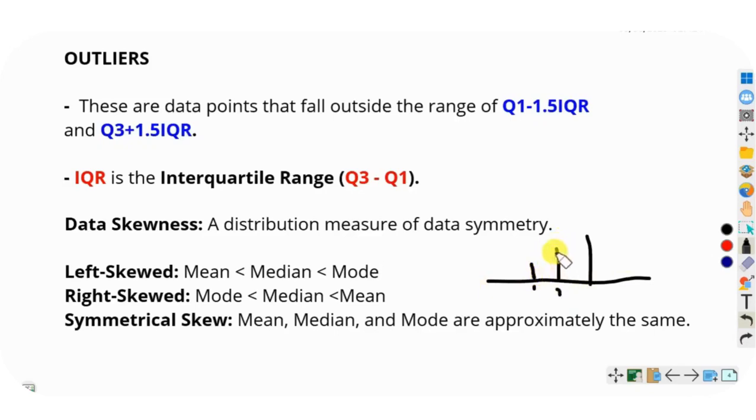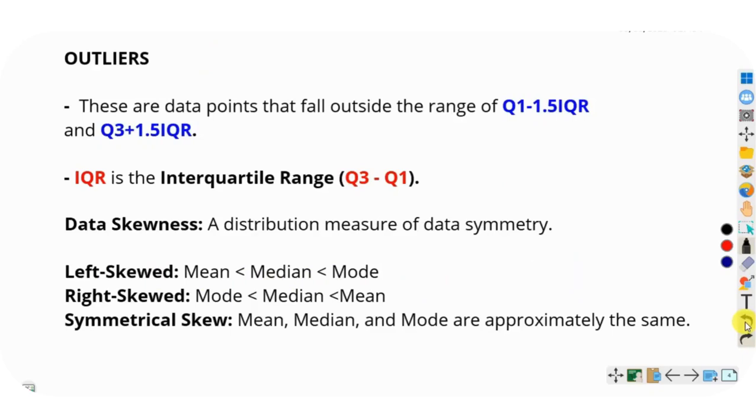The median is the middle value of the data, and the mode is the value that appears more often in the data. So if you draw data and it comes like this, we say this is left skew. The mean is less than the median, which is less than the mode.